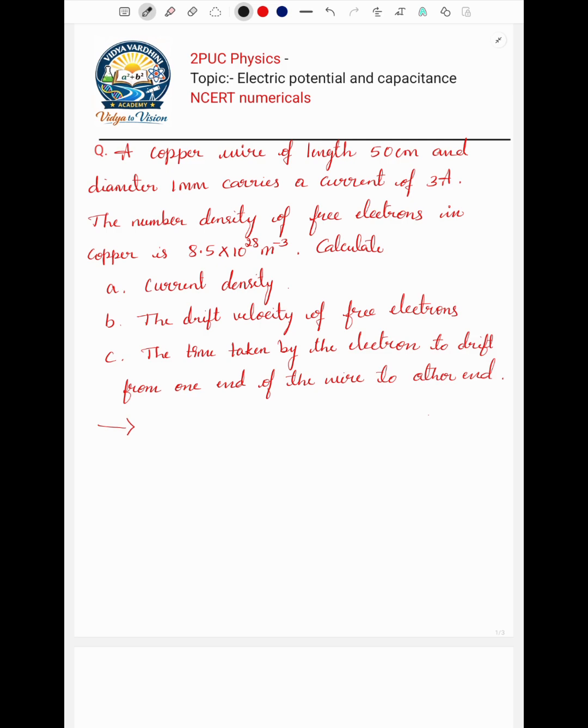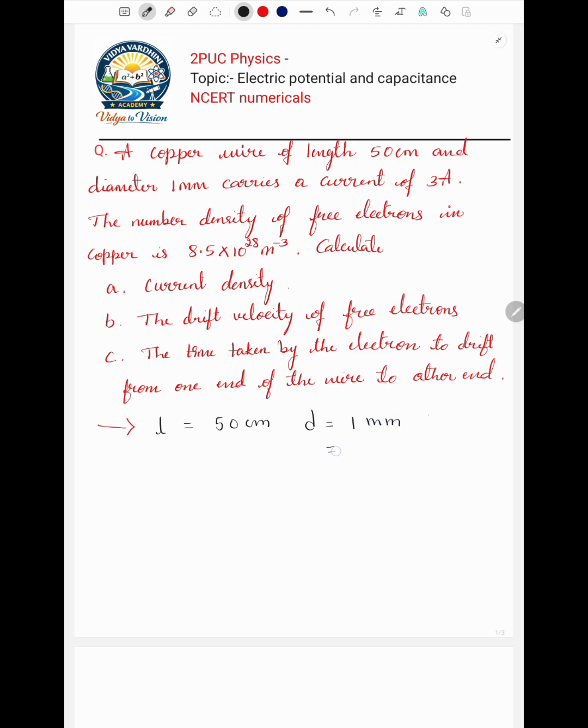In the problem itself, they have given the length of the copper wire, that is L is equal to 50 centimeter. Along with that, they have given the diameter of the copper wire, D is equal to 1 millimeter. Okay, convert this to meter.